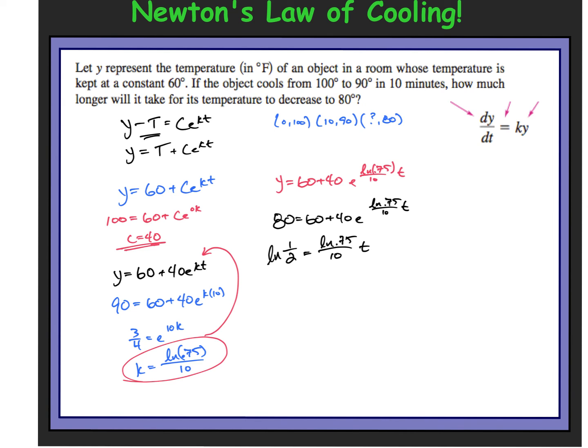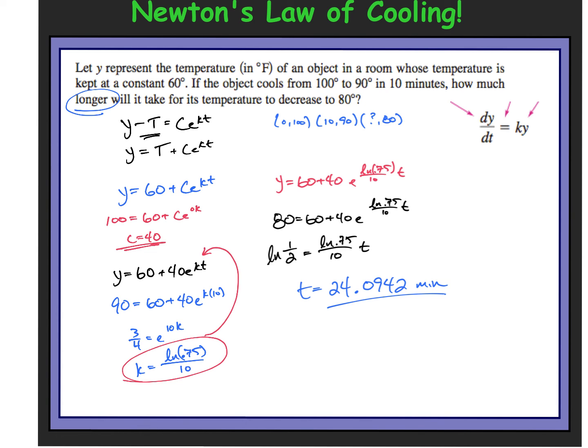All right. So let's put that into our handy dandy calculator. And I end up with t is equal to, should be 24, right? 24.0942 minutes. However, that's not the answer. Why is that not the answer? It says how much longer.